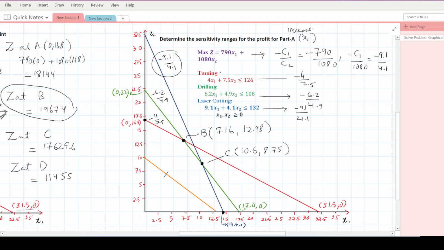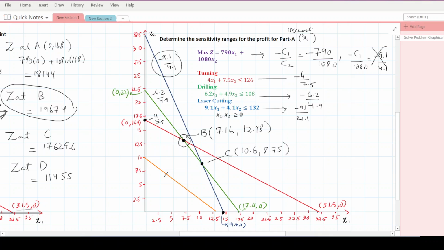Why? Because though this laser constraint is the steepest among the three constraints, see that this constraint line is not passing through point B. And one of the objectives of the sensitivity analysis is that we have to keep our original optimal solution as one of the solutions. So this is wrong. You have to choose only those constraints that are passing through your current optimal point.